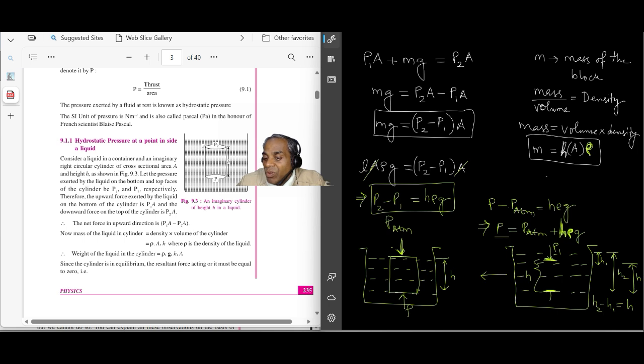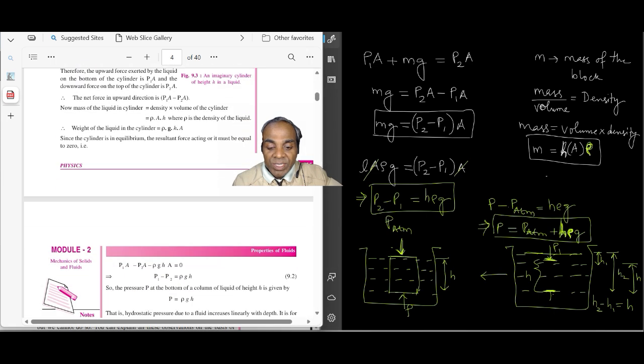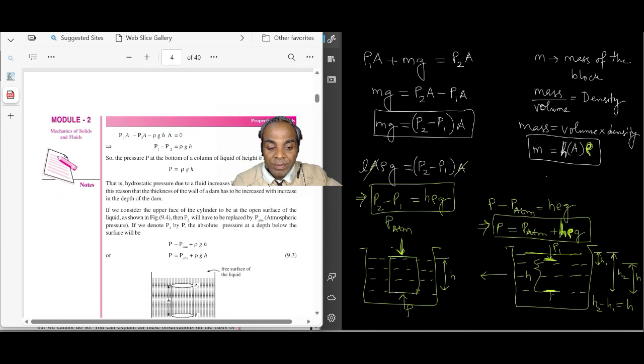For now you understand that the pressure at any depth h from the surface is nothing but pressure atmosphere plus h rho g, because that is the derivation. Okay, got it? Now that's what is mentioned here. If you see the derivation in the book, it's developed on similar lines.